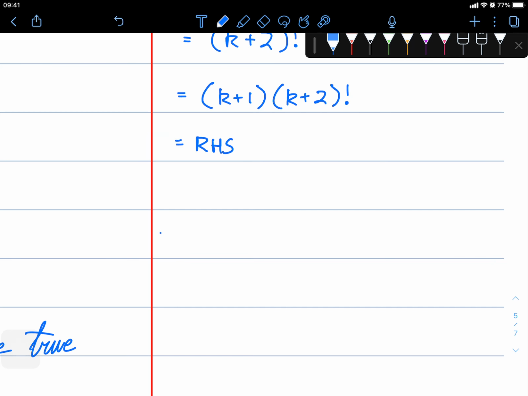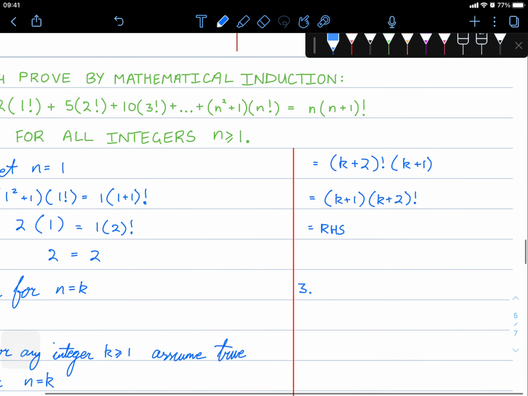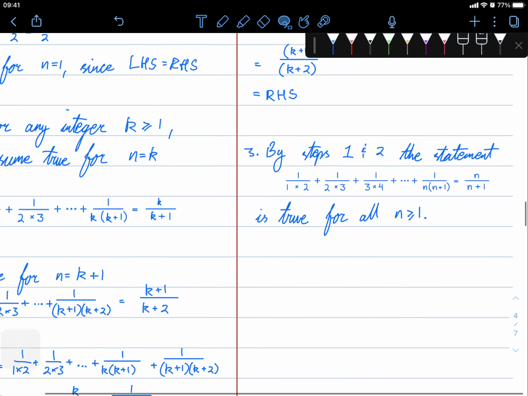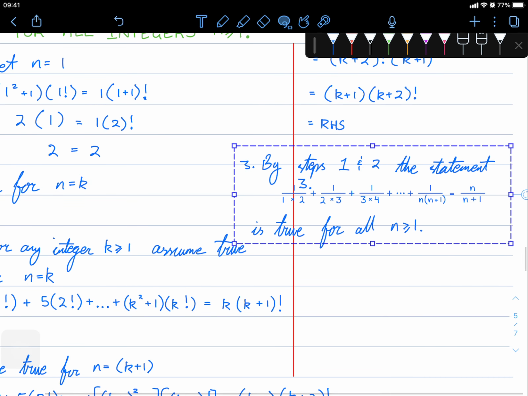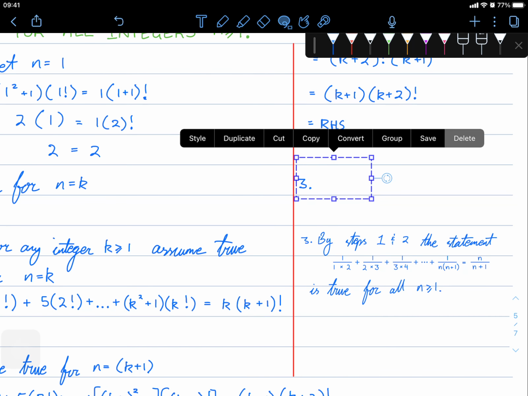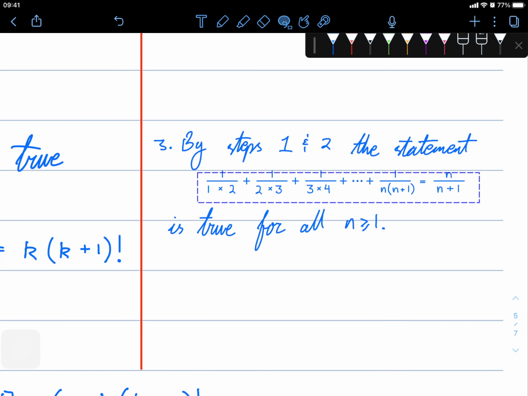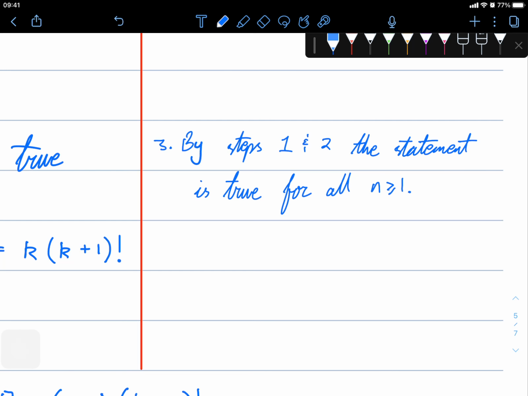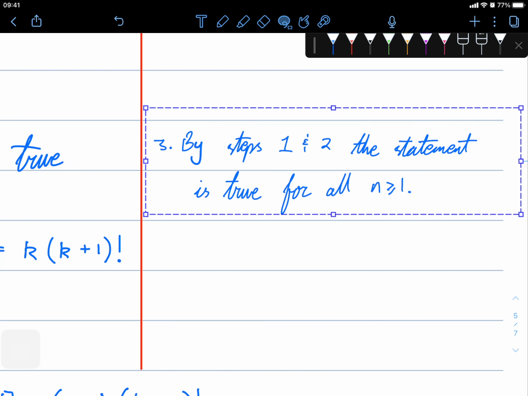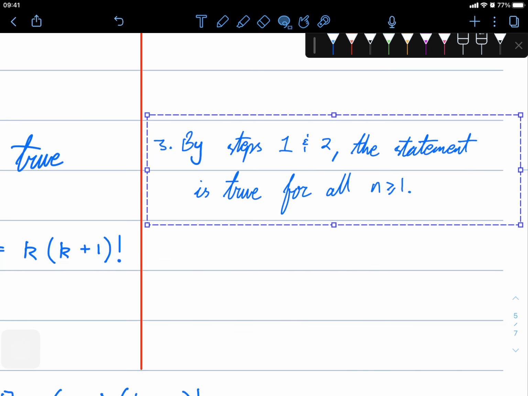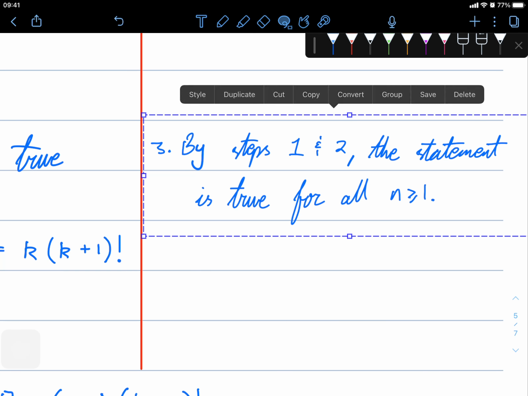And then making a last conclusion, thankfully I can use my iPad, copy this, and paste it, squeeze it in. I'm not going to copy out that statement because it'll be really difficult. So there we go. By step 1 and step 2, the statement is true for all n greater than or equal to 1, and that's the end of this example.